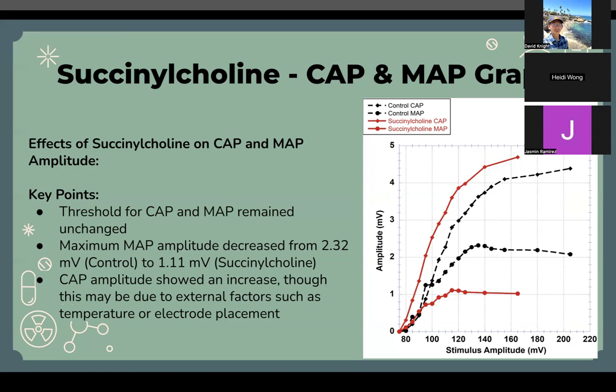However, the max MAP amplitude decreased significantly from 2.32 millivolts to 1.11 millivolts after acetylcholine treatment. This is consistent with its mechanism of causing sustained depolarization and preventing repolarization, leading to muscle paralysis.